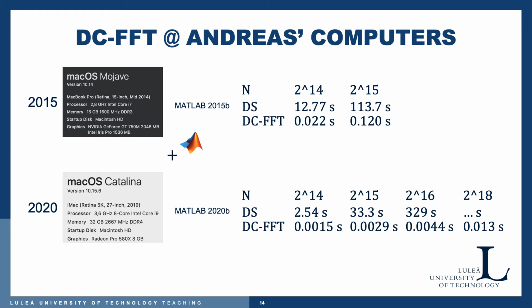Now to 2020, I have this iMac on my desktop, and it's a little bit faster, and another architecture is an 8-core apparently i9 Intel processor, and I have 32 gigabytes of RAM, and I continued the process.